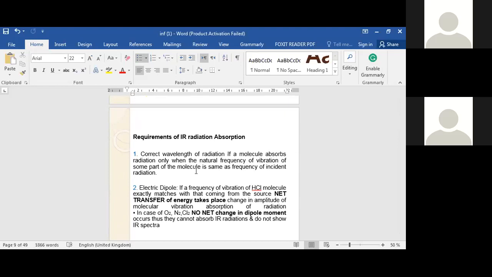So we need to put a blank to make the absorbance 0. With the IR, a molecule absorbs radiation only when the natural frequency of the vibration of some part of the molecule is the same as the frequency of the incident radiation.